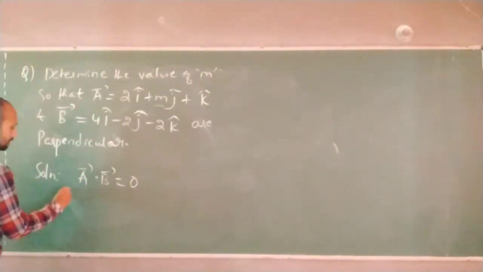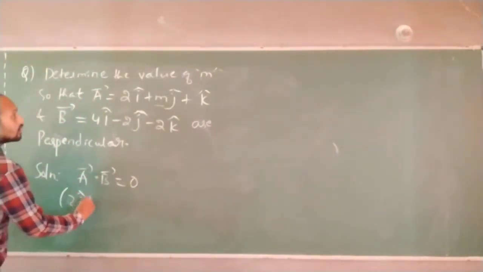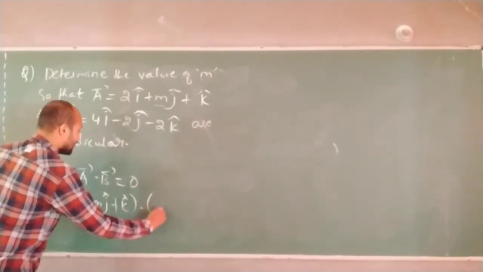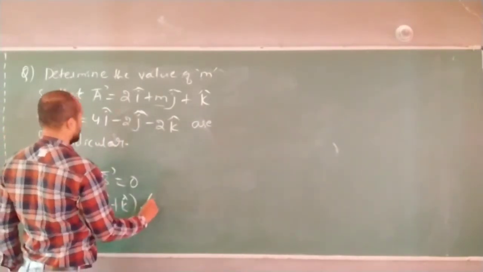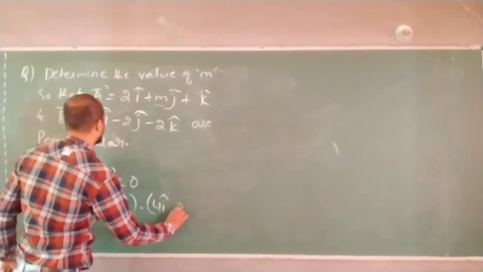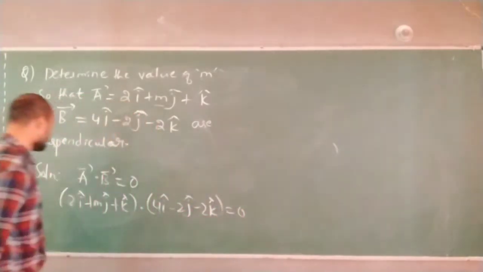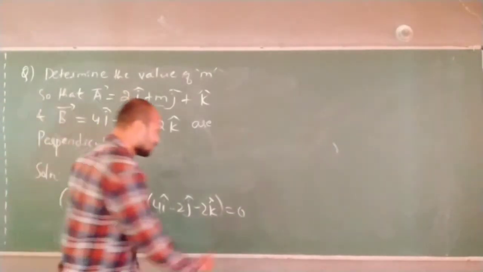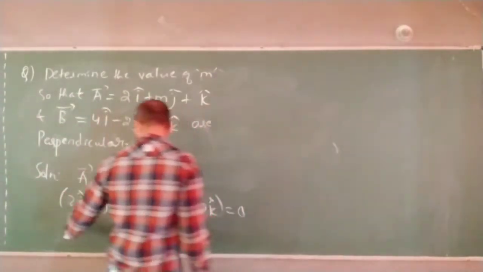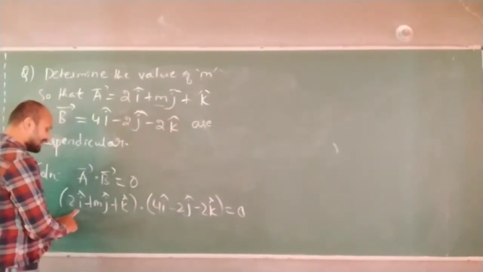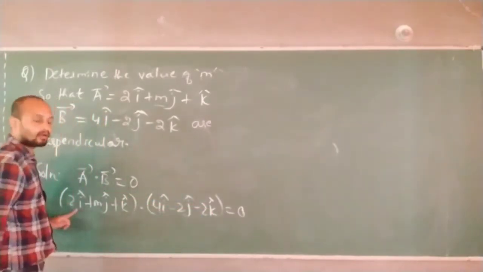So what is here? 2i cap plus mj cap plus k cap dot B, which is 4i cap minus 2j cap minus 2k cap, must be equal to 0. Find out this. Just multiply i with i, because i dot j becomes 0 and i dot k becomes 0.